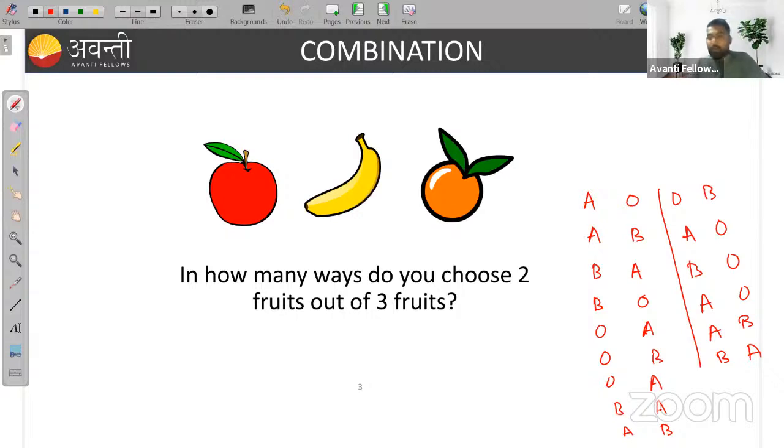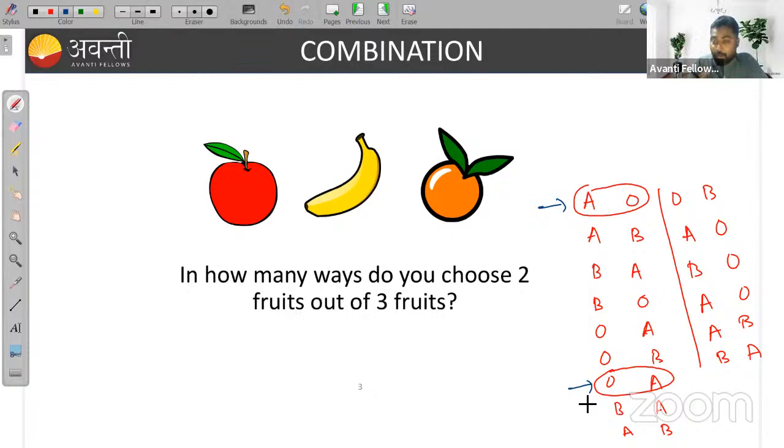If you are choosing 1 apple and 1 orange, and also choosing 1 orange and 1 apple, are they the same or different? Let me know in the chat box. Is there any difference between these 2 pairs? Actually, they are the same.